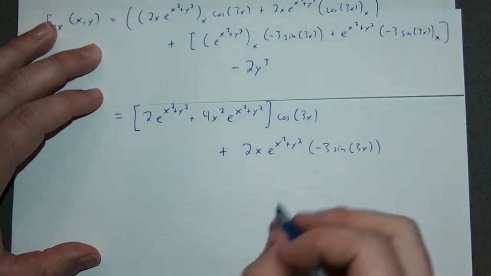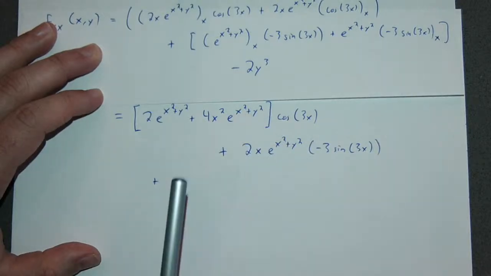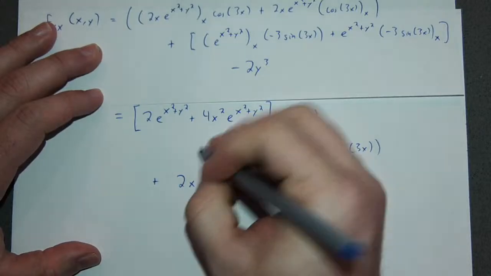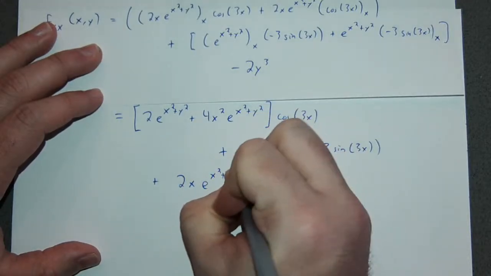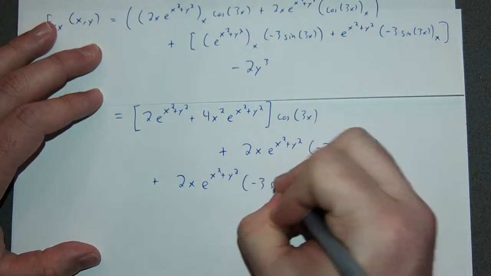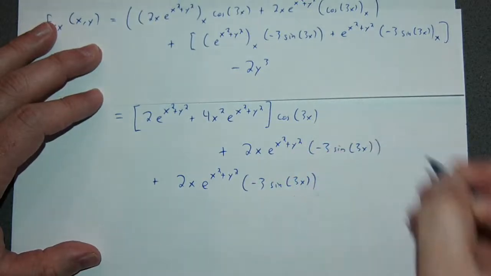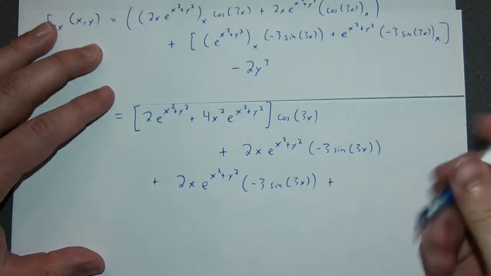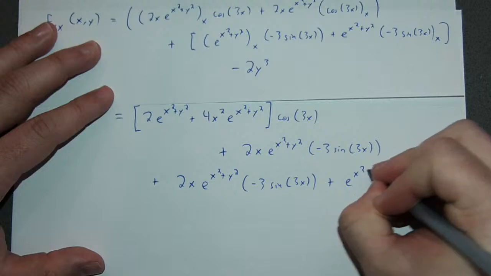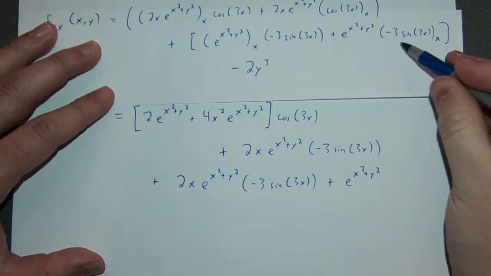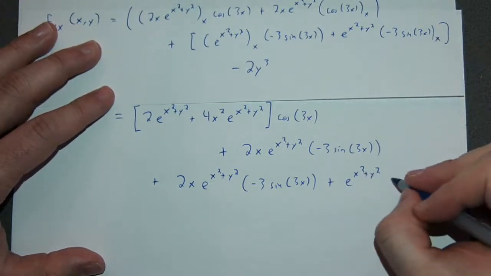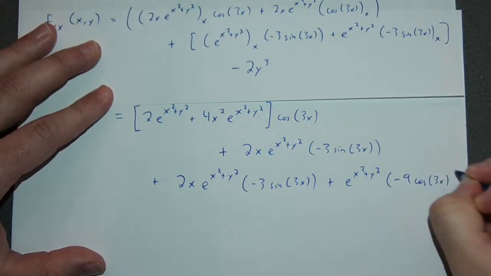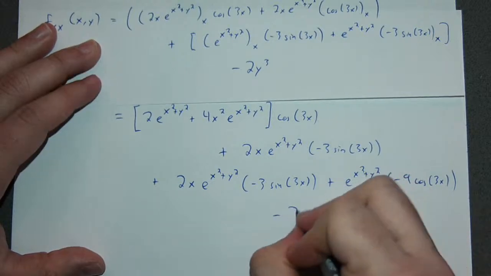So now the next thing I have to deal with is the x partial of e to the x squared plus y squared, which we know by now is 2x e to the x squared plus y squared, and that's multiplied by minus 3 sine of 3x, right, plus e to the x squared plus y squared times the x partial of minus 3 sine 3x, so that is minus 9 cosine of 3x. All that minus 2y cubed.